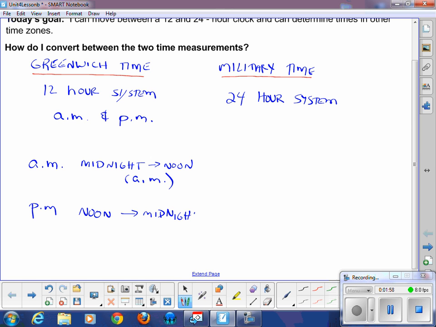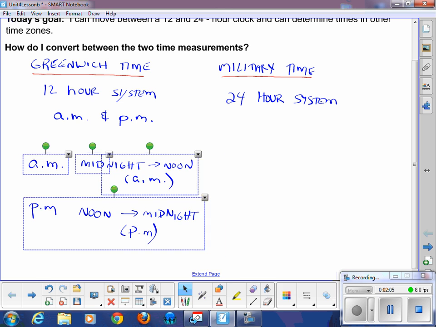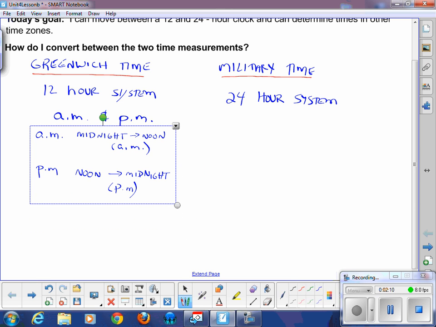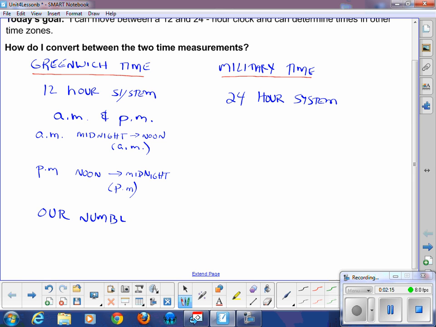So when you do that, we always end up using numbers from 0 to 12. Actually, we don't even have 0 technically. We go from 1 to 12. We never really have a 0.